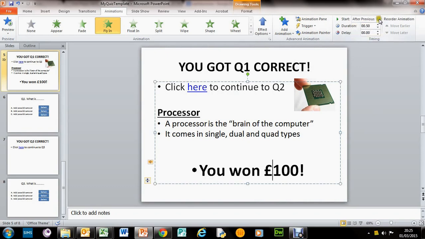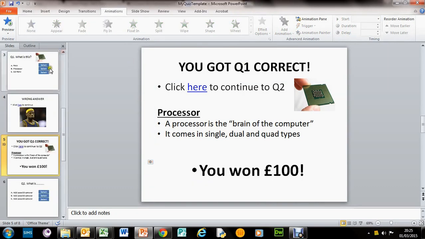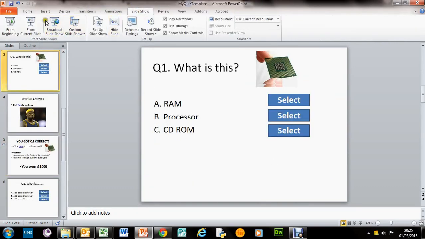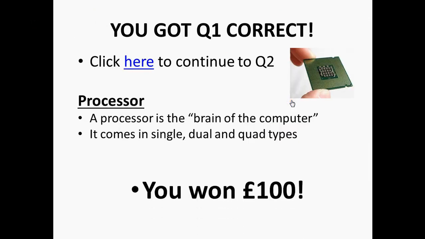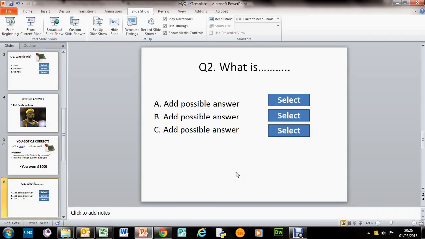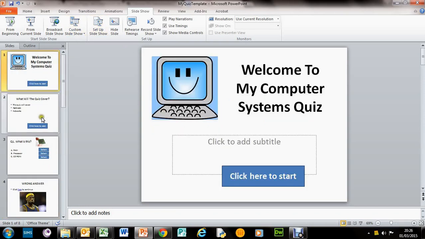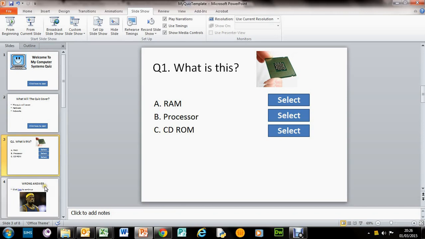So you can play around with this menu up here. So let's try that. Let's see if that works. So let's go back. Always try. Okay, so processor, you won £100. Okay, so that's a little overview to get you going on how to create your quiz.